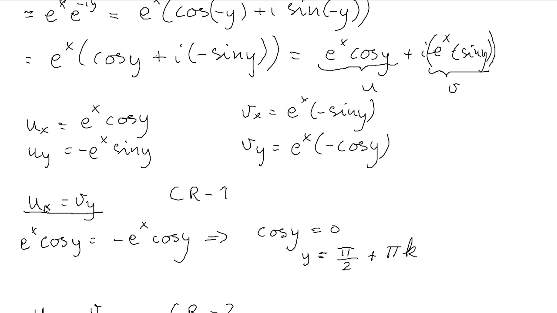If this equation should be fulfilled, then this must be the case. And if this is the case, then we have that cosine of y should be equal to 0.